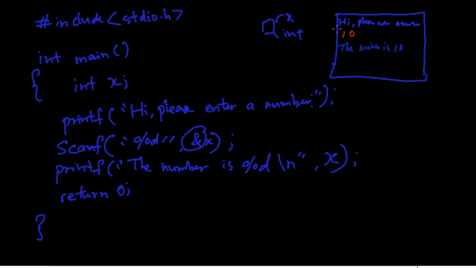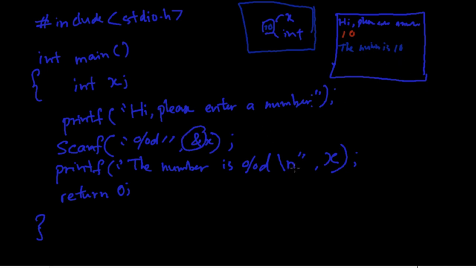Because once the user inputs 10 in here, this x will have the value of 10. Remember earlier I said about variables that they can be assigned, or scanned from the user. This is the method of how you get variable values from the user. The number is 10.